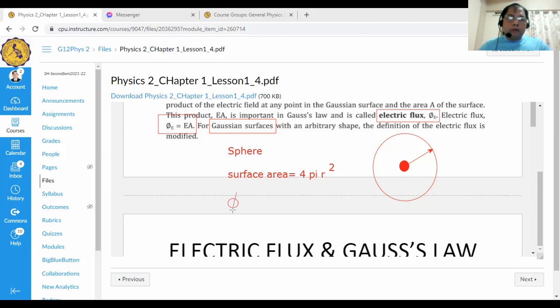So if you denote our electric flux something like this, with a subscript E, then it is also equivalent to some symbol, which is your charge Q inside.